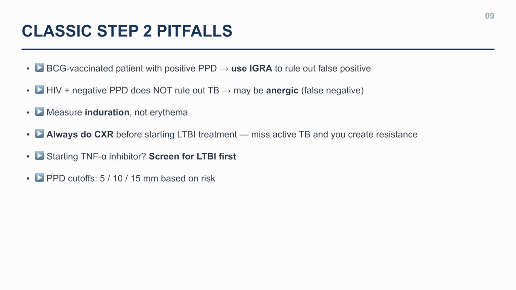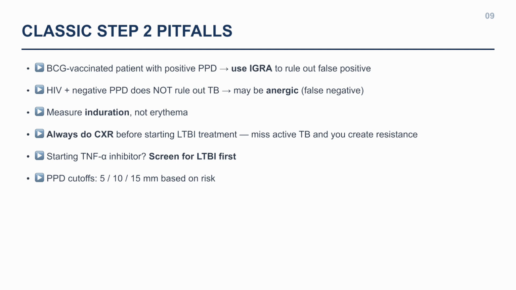Let's review the classic Step 2 pitfalls for latent TB. First, a BCG-vaccinated patient with a positive PPD should have IGRA to rule out a false positive. Second, a negative PPD in an HIV patient does not rule out TB, because these patients can be anergic and produce false negatives. Third, always measure induration, not erythema. This is a classic distractor.